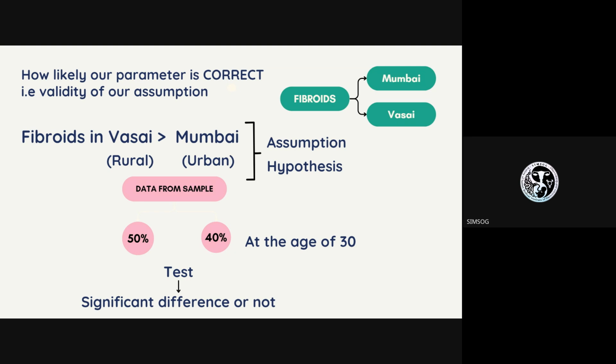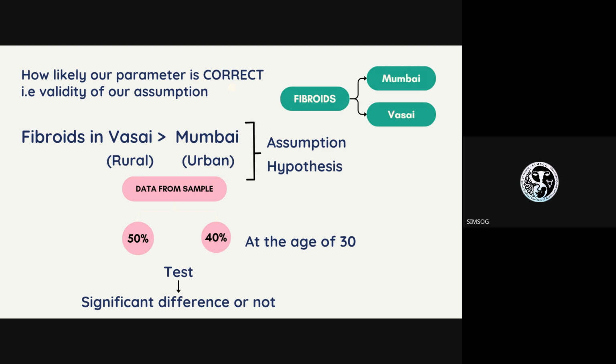So my hypothesis, let's say a random one, would be fibroids in Vasai are more than the fibroids in Mumbai. This would be our alternate hypothesis. Our null hypothesis would be no difference, so there is no difference in fibroid prevalence between people of Vasai and Mumbai.